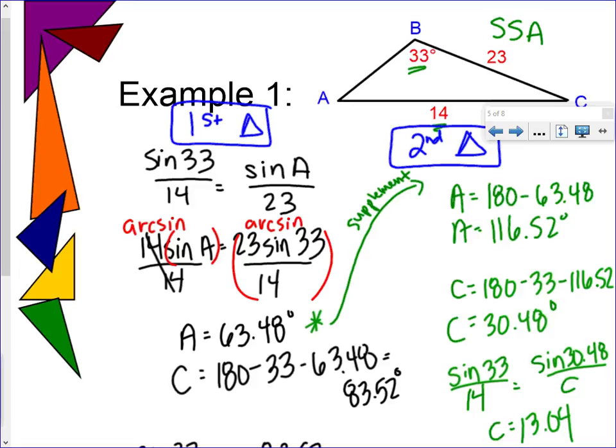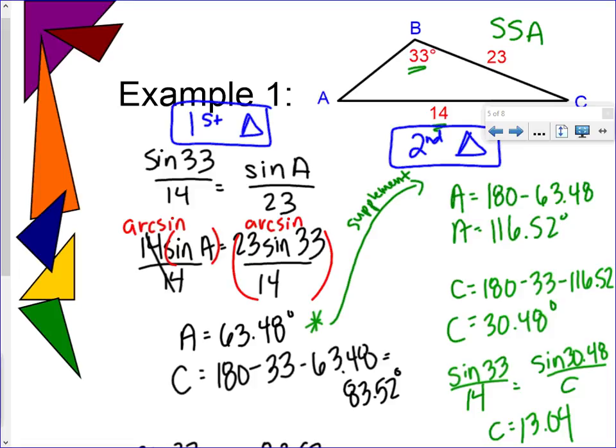Do we have any questions about this before we leave? Yes. How do we know if the second triangle doesn't exist? Oh, great question. That's my next problem. I could ruin it right now, but I'm going to let you uncover how that works.